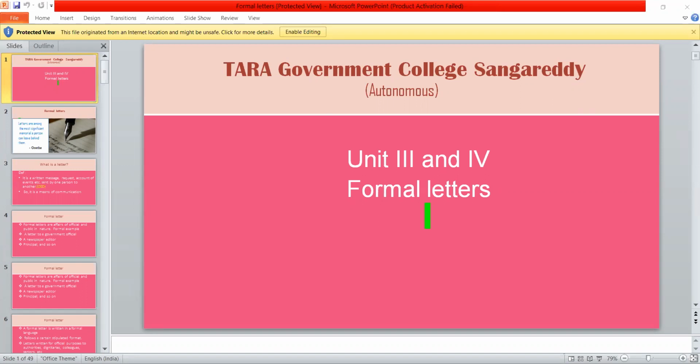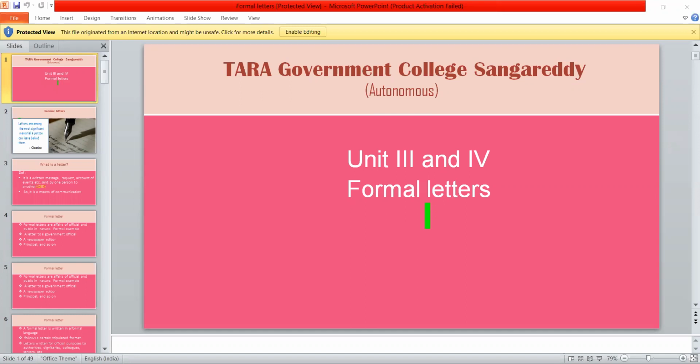Sender's address, date, inside address, salutation, subject, body, complimentary close, signature, reference numbers, attention line, enclosures, copies. All these things will be there in a formal letter. You need to keep in mind all these things.